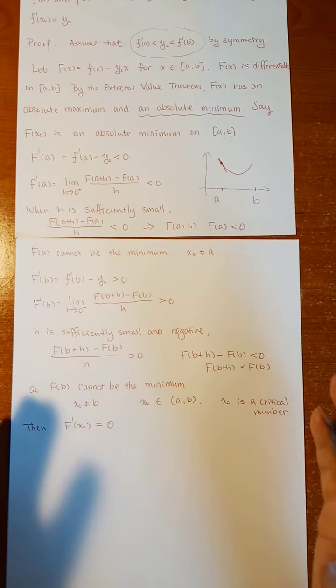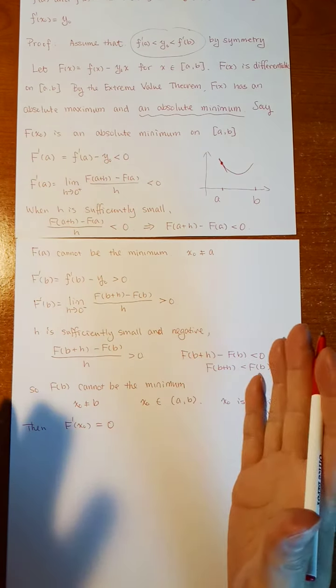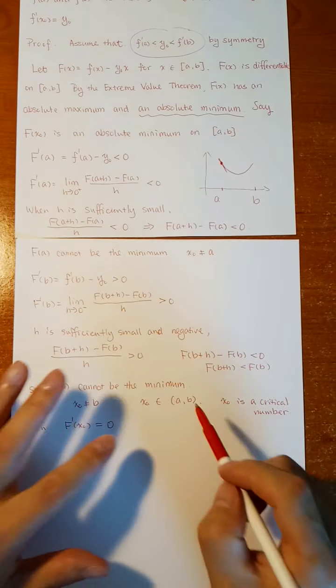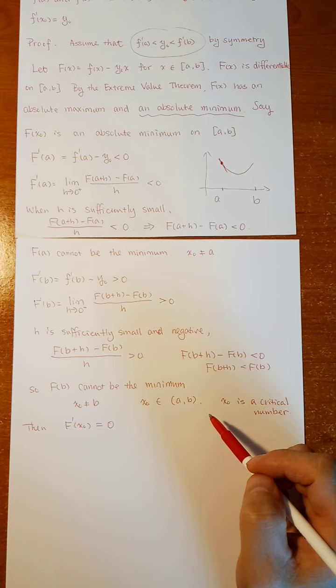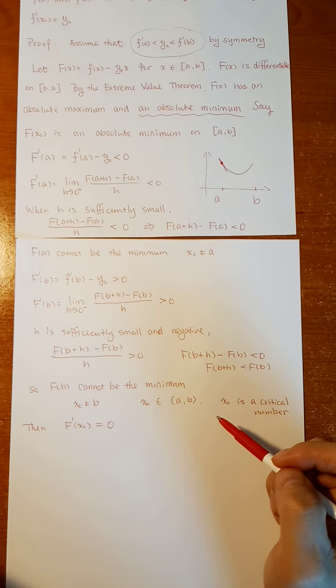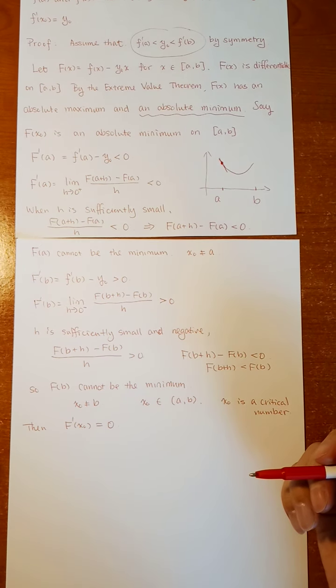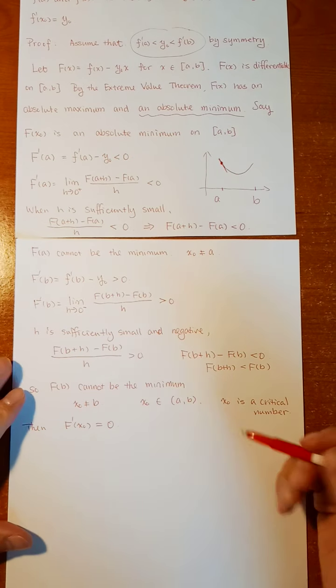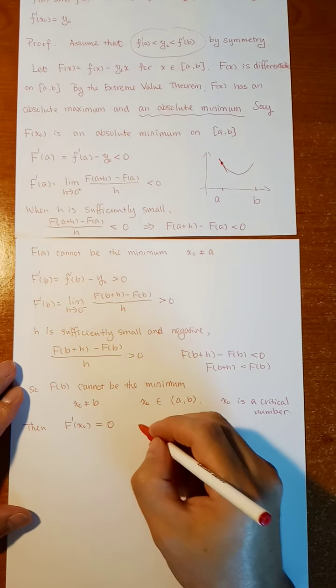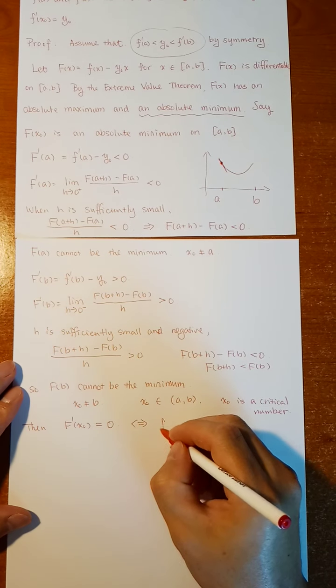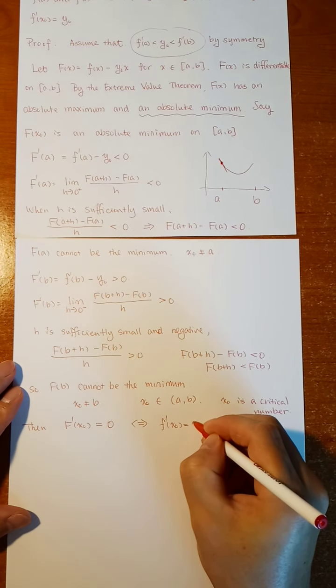A critical number means either f prime of x is 0 or f prime of x does not exist, and plus the endpoints, they are the candidates for a continuous function to achieve the absolute extreme values. Okay, so f prime of x0 is equal to 0, and this is equivalent to saying f prime of x0 is equal to y0.